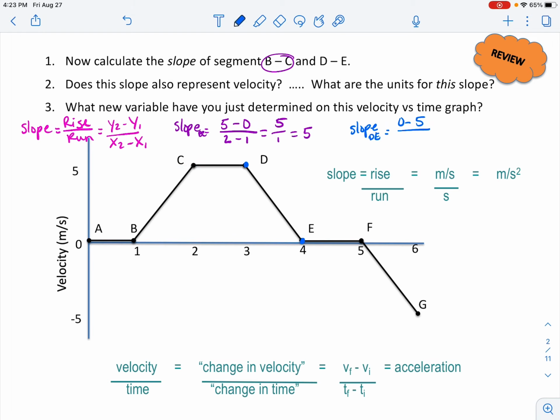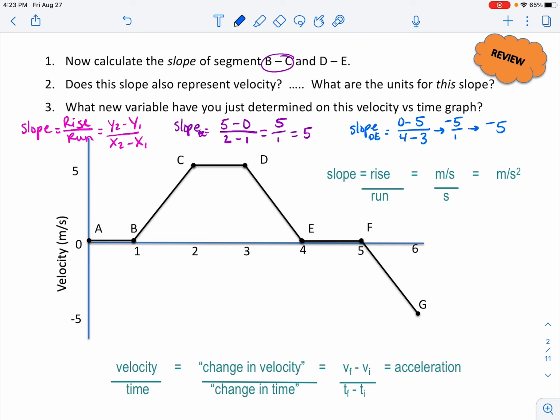Then for my denominator, my time ended at 4 seconds, but it started at the 3 second mark. So my slope value for segment DE is going to be negative 5 over 1, which gives me a negative 5.